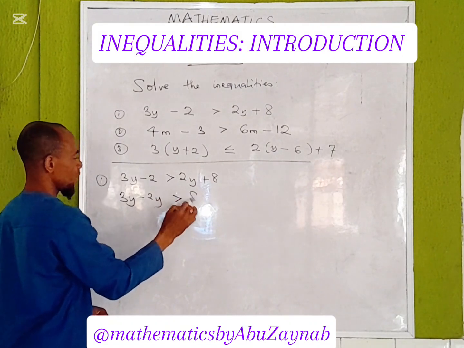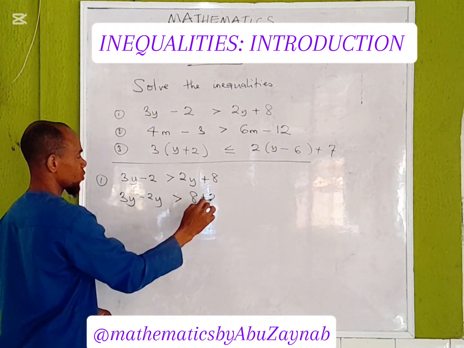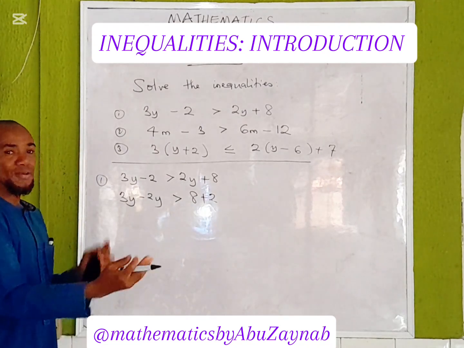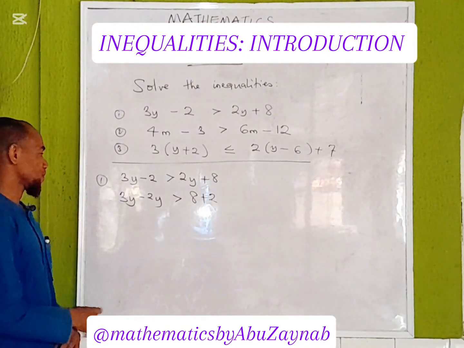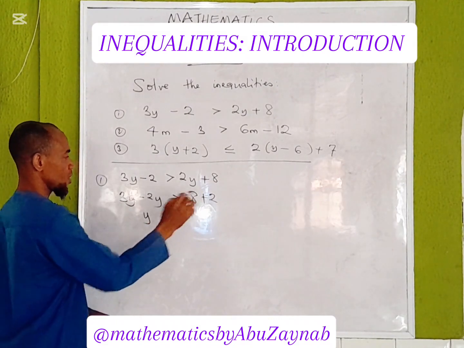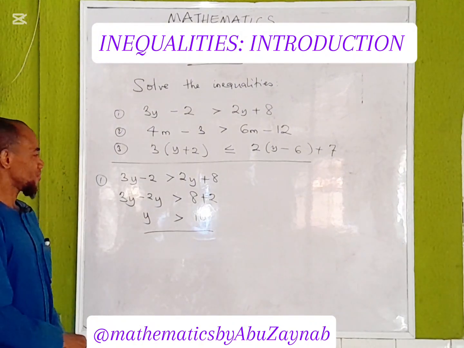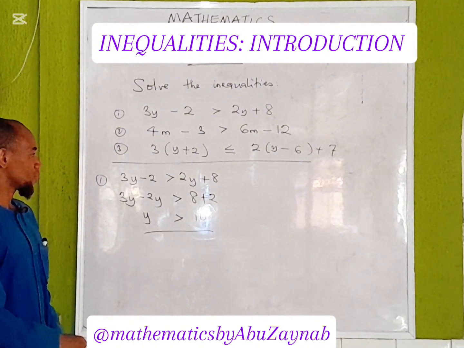Similarly, we have 8; the minus 2 is moving, so it's going to become plus 2. Hence we have collected like terms. So 3y minus 2y, we are left with ordinary 1y, greater than 8 plus 2, 10. And that's the answer. It's as simple as that, which I believe you find quite straightforward.